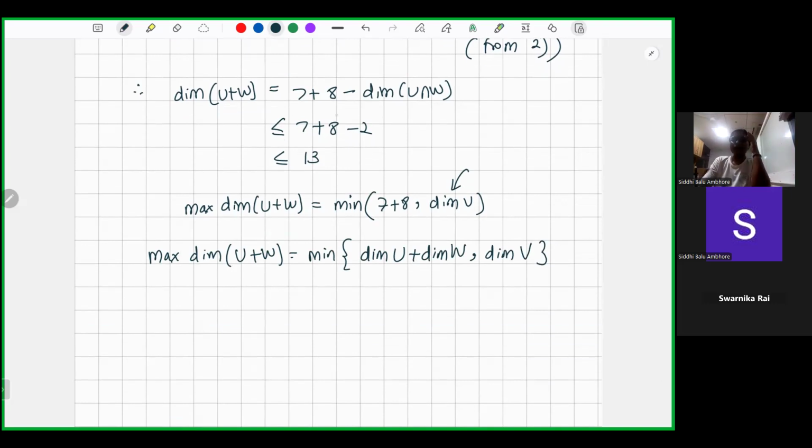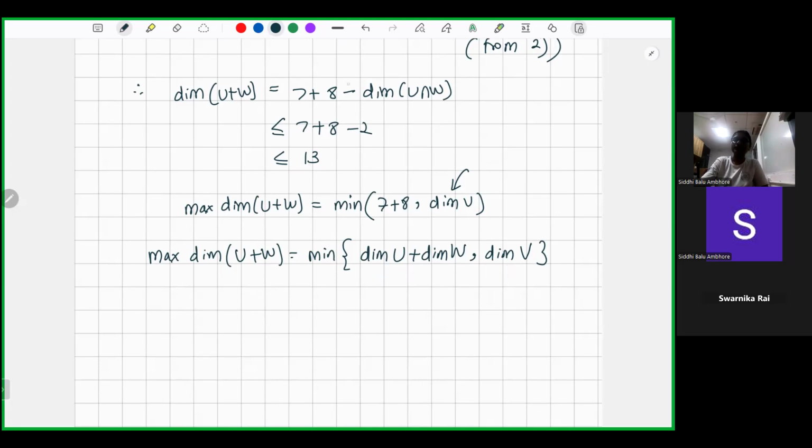If, for example, U was of dimension 3 and W was of dimension 5, then the maximum dimension of U plus W would be 8, and this 13 would not play much role.